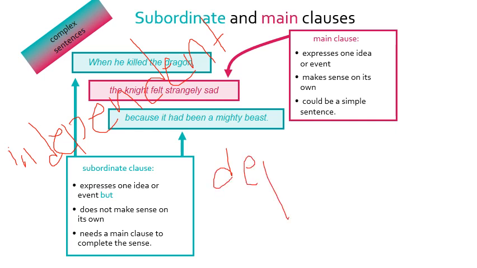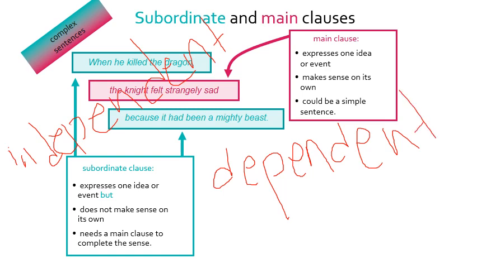Why dependent? If you notice, dependent is the opposite of independent. Dependent because it depends on others to give it the sense, to help it get a complete idea, to help it express the idea clearly without any ambiguity.